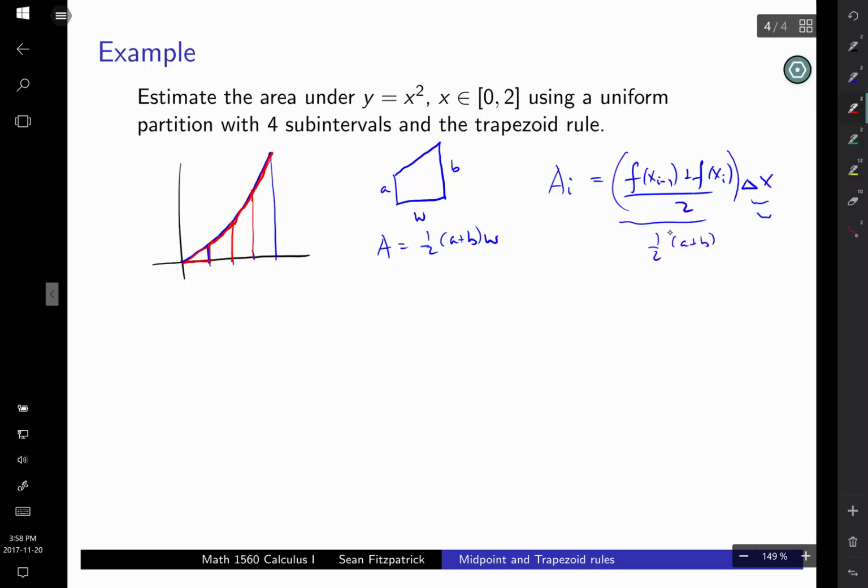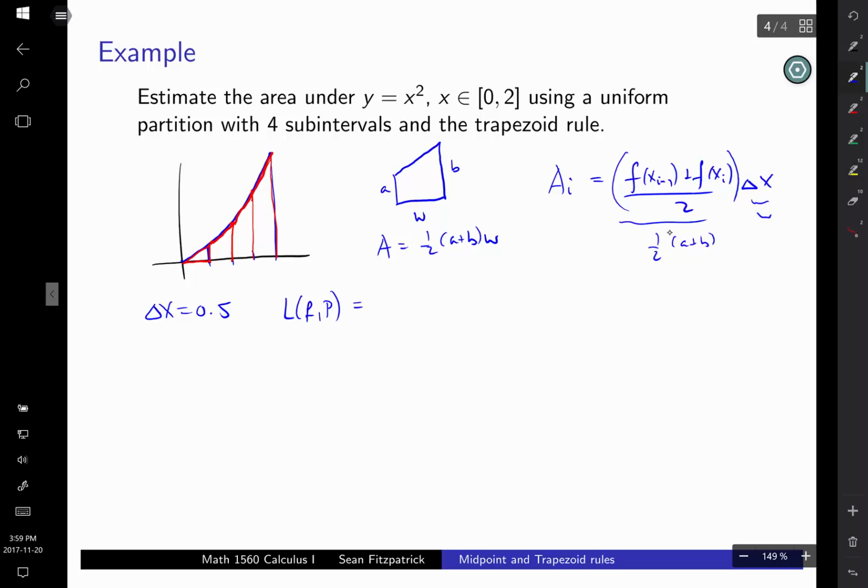We can see that these trapezoids should track the area pretty well.